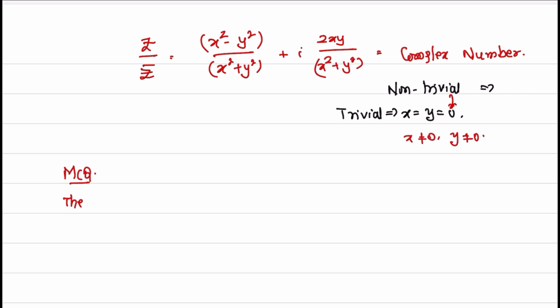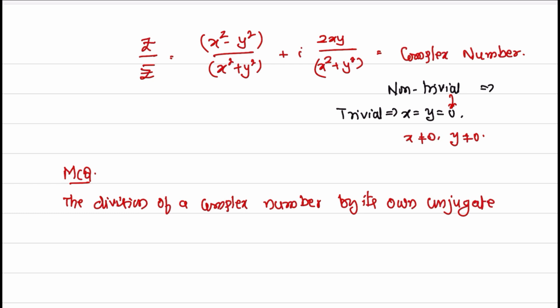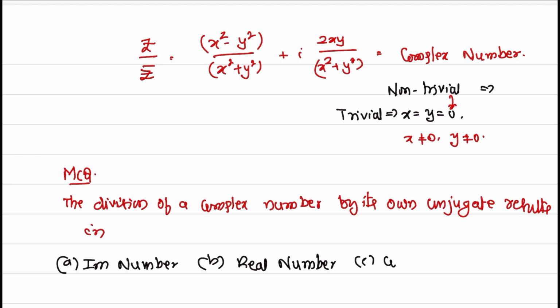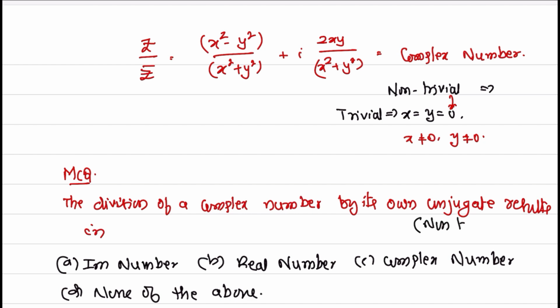The division of a complex number by its own conjugate results in: A. Imaginary number, B. Real number, C. Complex number, D. None of the above. If it is for a non-trivial situation.